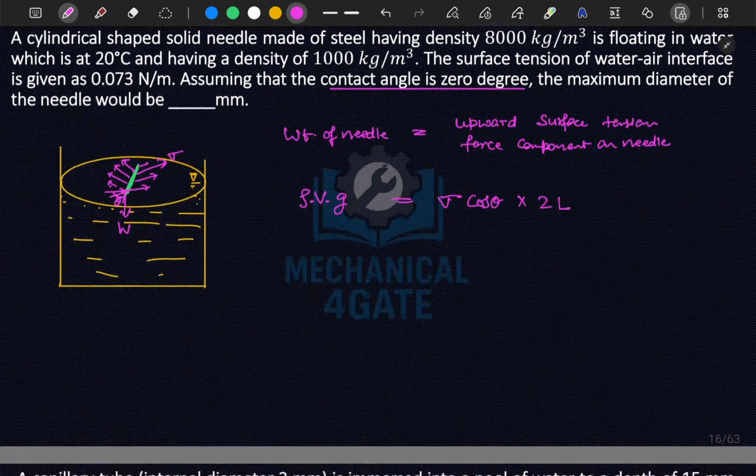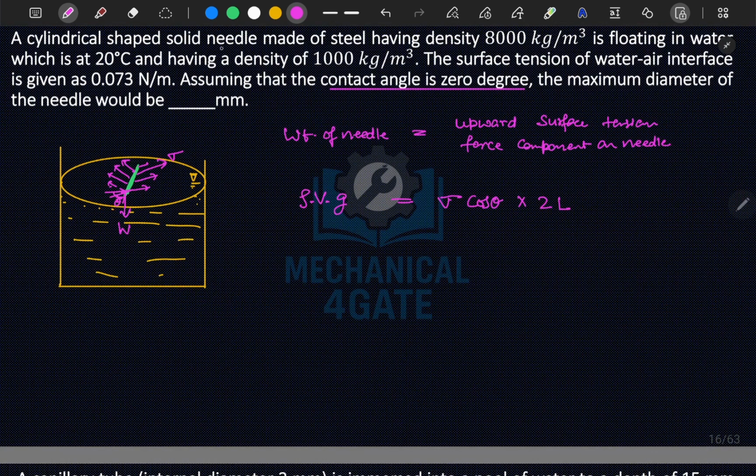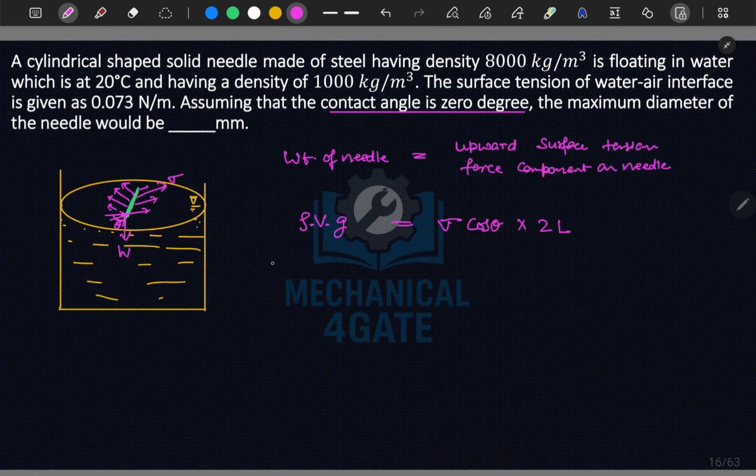Now it is mentioned that the cylindrical needle is made of steel having density of 8,000 kg per meter cube, floating in the water. The diameter of the needle we have to calculate.